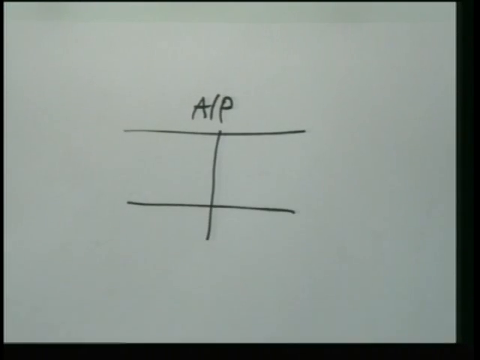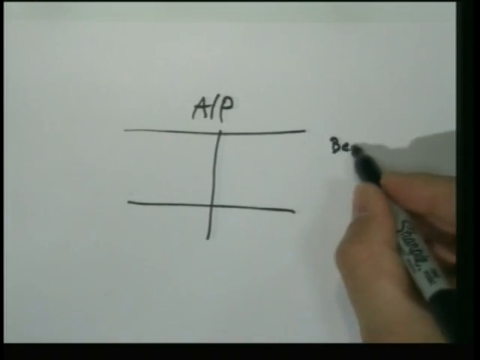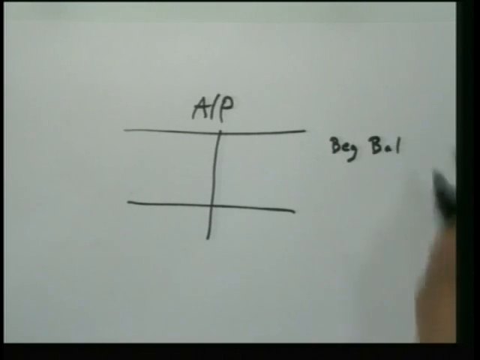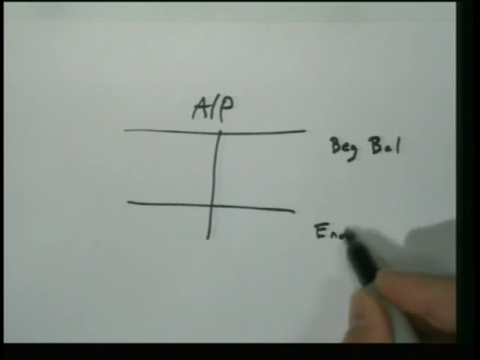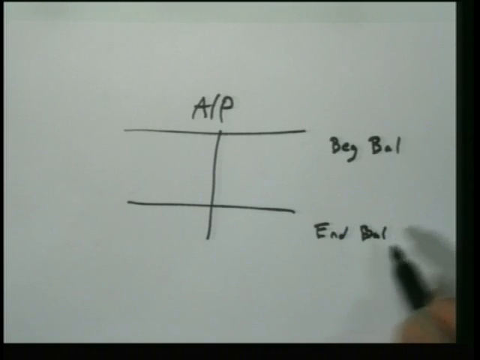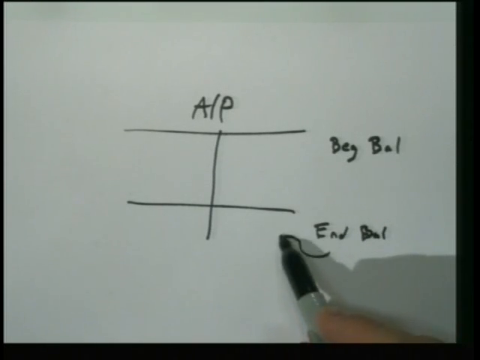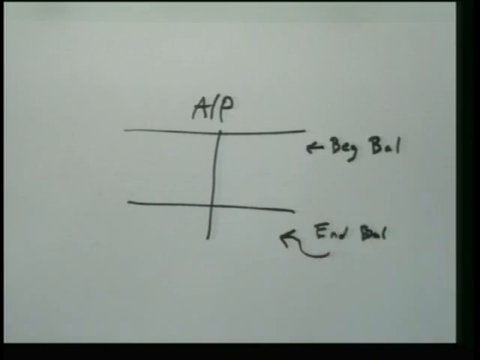Now, is accounts payable a normal debit or normal credit balance account? Credit. So the beginning balance would show up here, and the ending balance would show up here, correct? What causes accounts payable to be credited or increased?